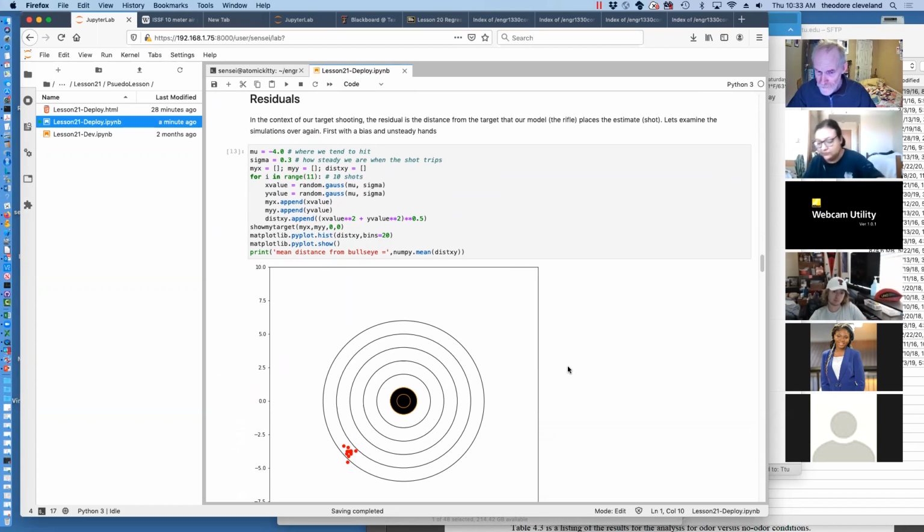Our next concept is the term residual, and you've seen that already. In the context of our target shooting game, residual is simply the distance from the target that our model, the rifle, the pistol, places the estimate, the shot. So again, back to the first-person shooter analogy, our model is the shooting device, a 10-meter air rifle, 10-meter air pistol, and we're going to send an estimate, which is the projectile, and we're trying to estimate with that device where the bullseye is.